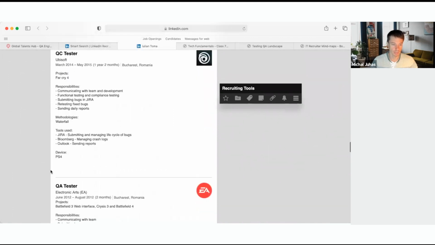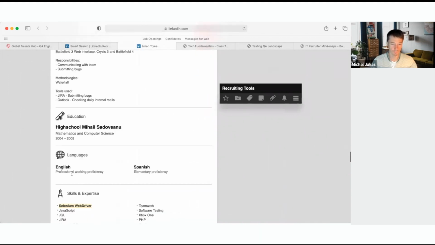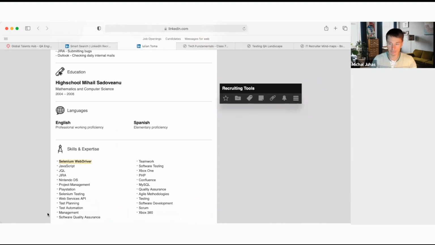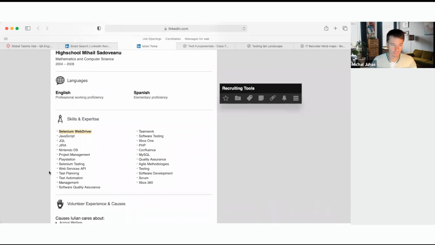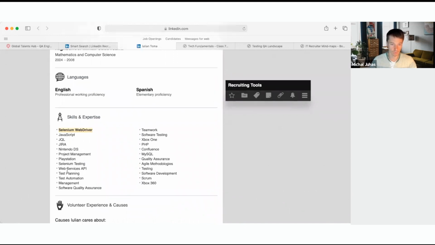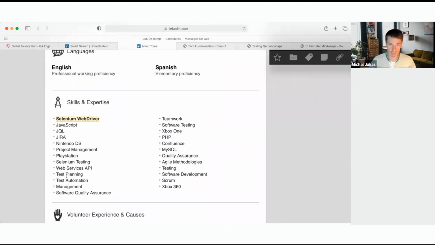He was a tester before, so someone who clearly has the right level of experience when it comes to QA engineering. Selenium WebDriver, yeah, cool. Experience with Selenium testing, also with PHP. So as I mentioned, in this company they use PHP. So if he has experience with PHP, that would be a major plus.